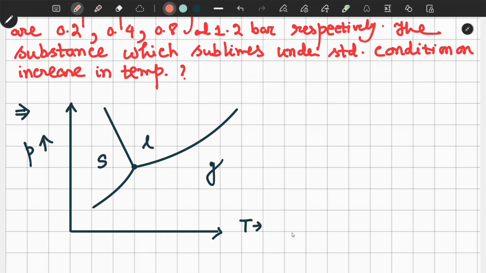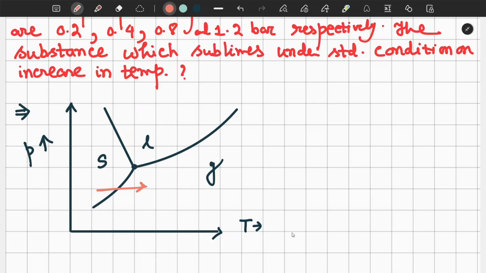That will occur only when the pressure is below the triple point. If the pressure is greater than the triple point, then as you increase the temperature, it will be first solid, then liquid, then gas.